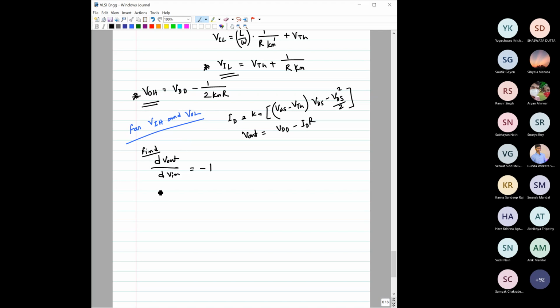So could you please tell me what would be the expression of this VOL and VIH? Please do it. Let's see who can do it first.